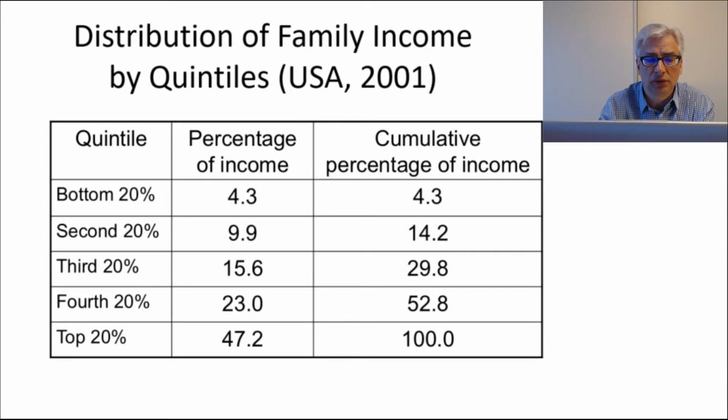If you look at the cumulative percentage of income for the fourth quintile, you would discover that this is 52.8, which means 4 quintiles represent roughly half of the income. And the other half is represented by the top 20%. We are going to need this cumulative approach for measuring income inequality in the society.